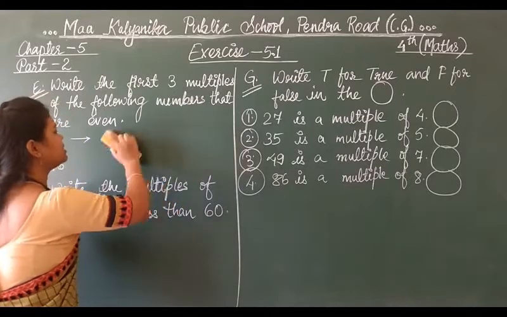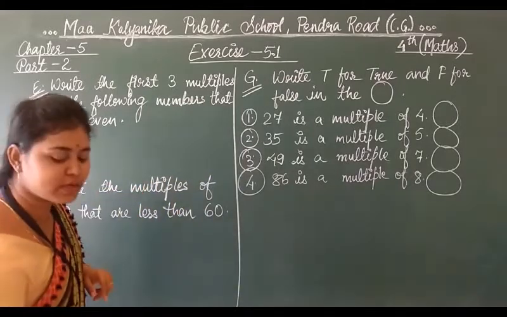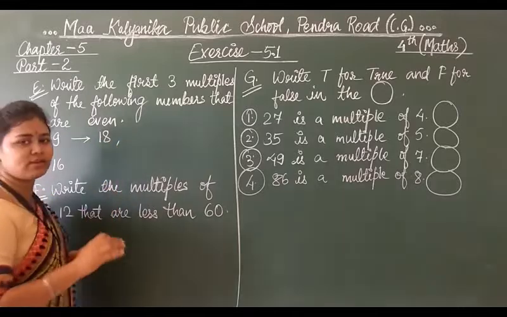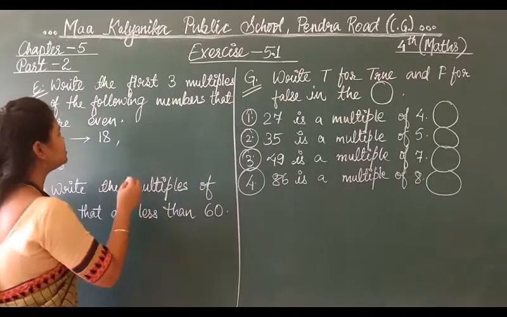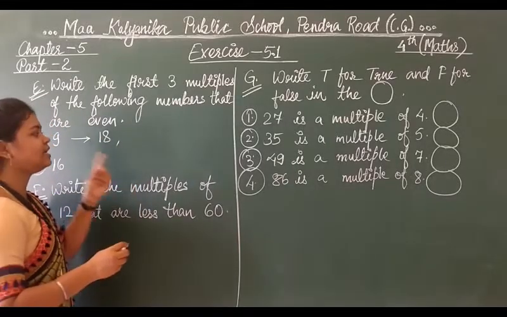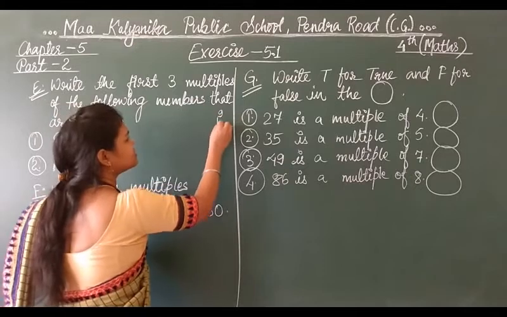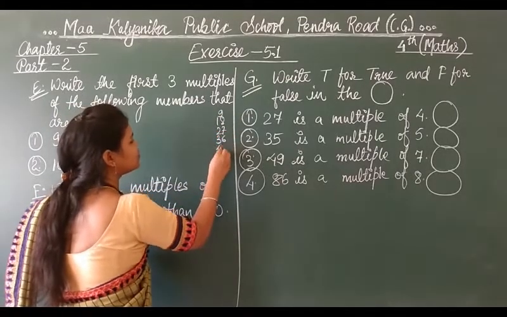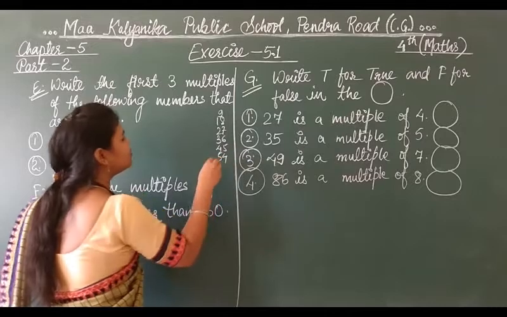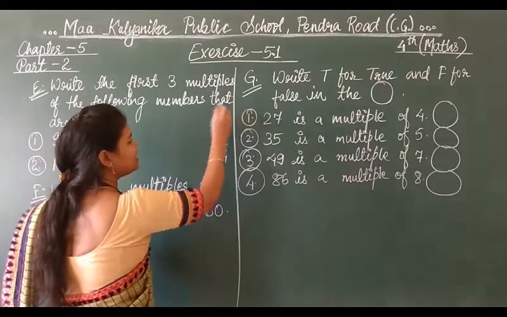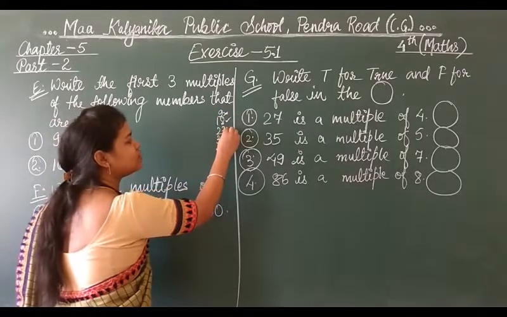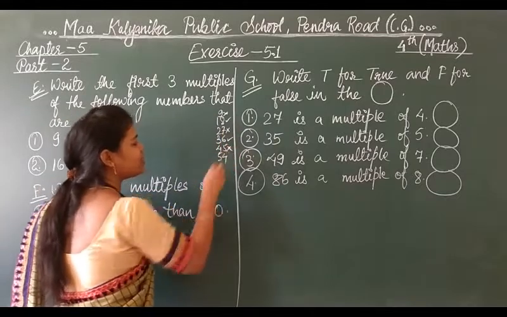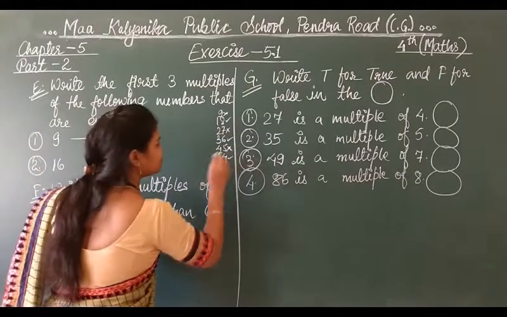So we will take the first three even numbers. 9 ones are 9, 9 twos are 18, 27, 36, 45, 54. So 9 is not, 18 is an even number, 27 is not an even number, 36 is an even number, 45 is an odd number, 54 is an even number.